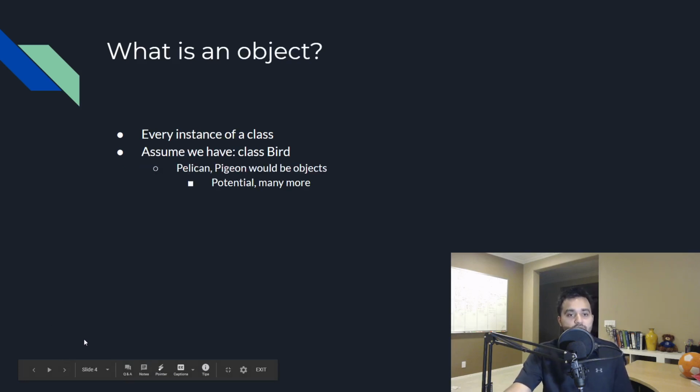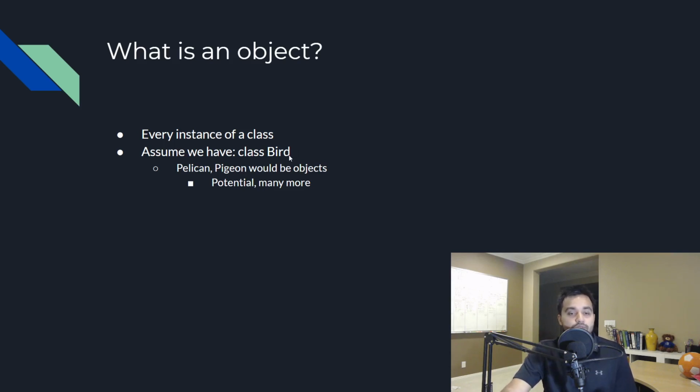So what is an object? An object is an instance of a class. Let me explain this. Let's say we have a class bird. It's a super general thing. What type of bird, all these sorts of things. Objects tend to be more specific, because a pelican would be an object of a bird. The bird class will have fields and methods that the pelican has to define, like wing type, what country they are from, where they migrate to.